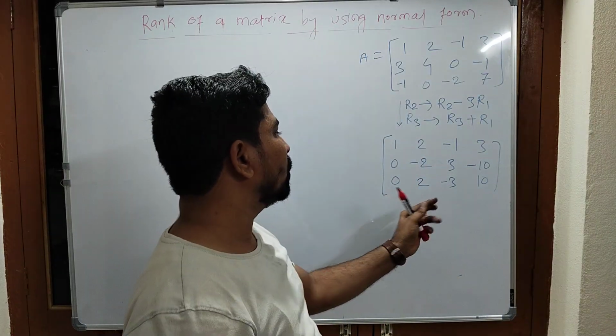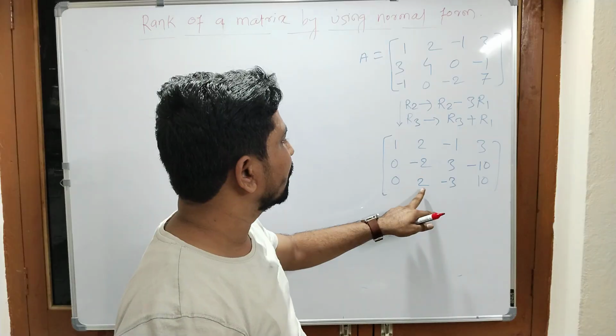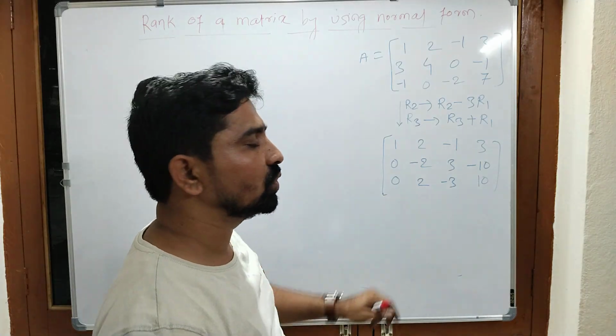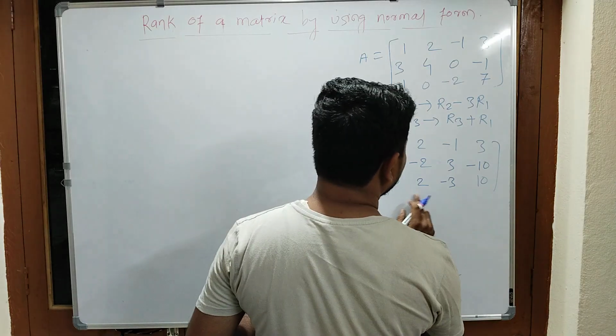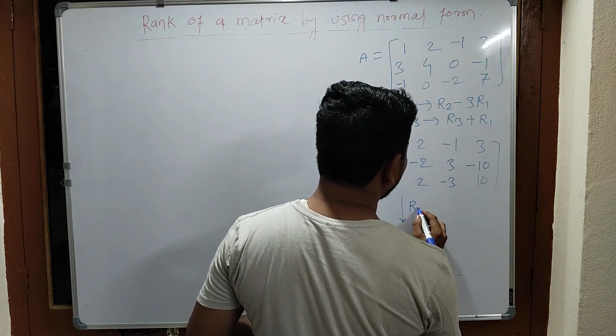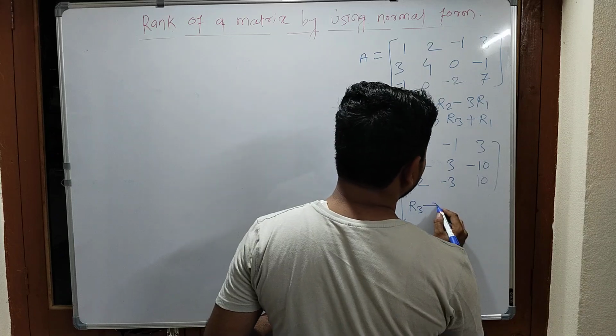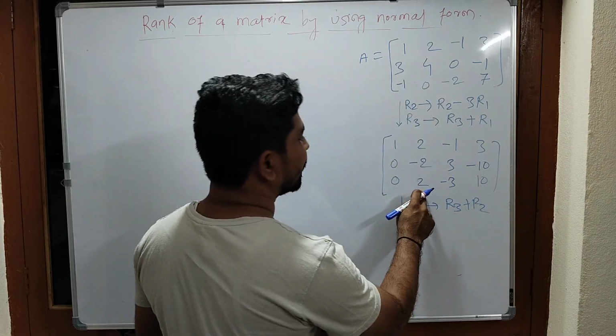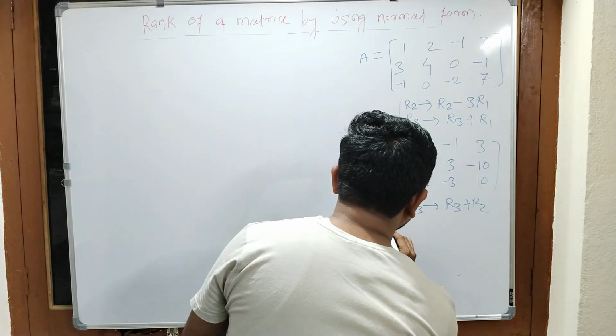Now I want to convert this minus 2 into 1 and this 2 into 0. First I will make this 2 as 0 by applying R3 changes to R3 plus R2, that is minus 2 plus 2 is 0.